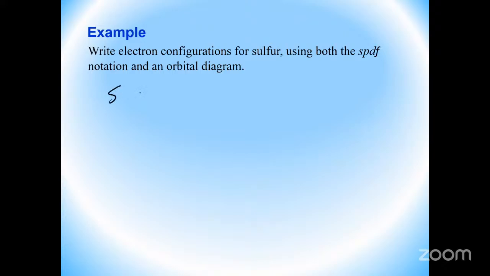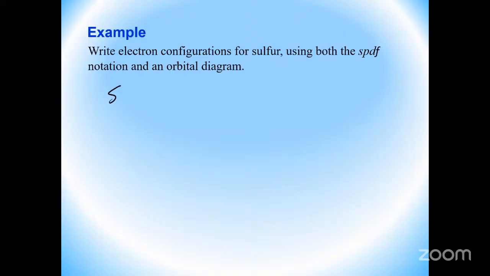So for sulfur, I'll write down the SPDF notation. Again, you have to use that diagram that I showed you. I remember the configuration up to the third period. Beyond that, I'll have to consult the diagram myself.